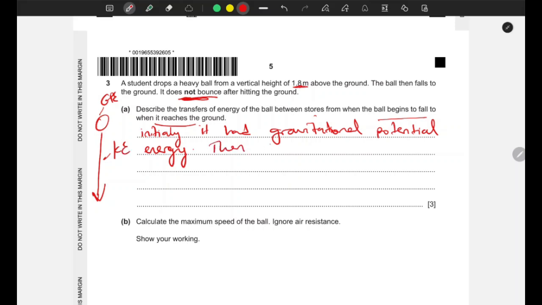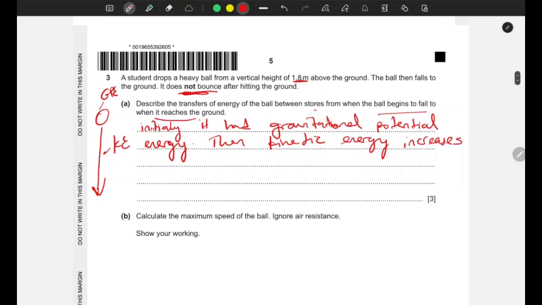Then we can say kinetic energy increases. So after that, once the ball has reached the bottom, it does not bounce, so it just stays on the ground. So that means it will have internal energy.